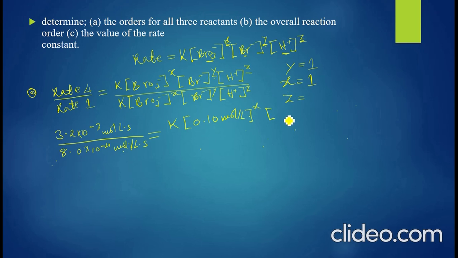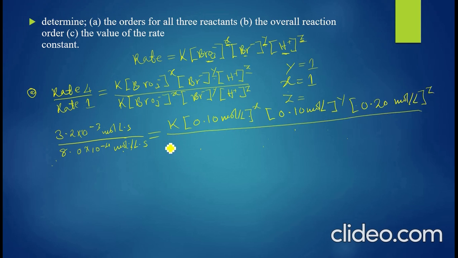And then the initial concentration for bromide is given to be 0.10 mole per liter, raised to y. And then the initial concentration for hydrogen ion is 0.20 mole per liter, raised to z power, over the concentrations for experiment 1.